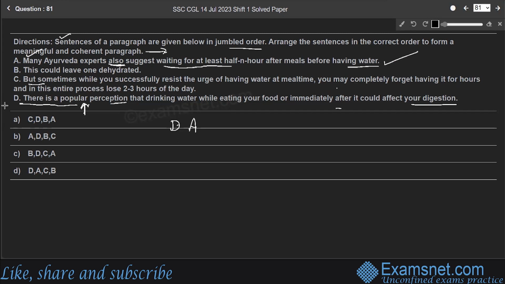But sometimes while you successfully resist the urge of having water at mealtime, you may completely forget having it for hours. Whereas at last, this could leave one dehydrated, right? So sentence B gives the complete paragraph format. Therefore, the correct format is DACB, so that you will get a coherent paragraph, right? Option D is the right answer.